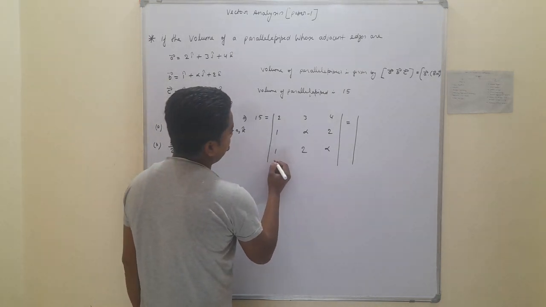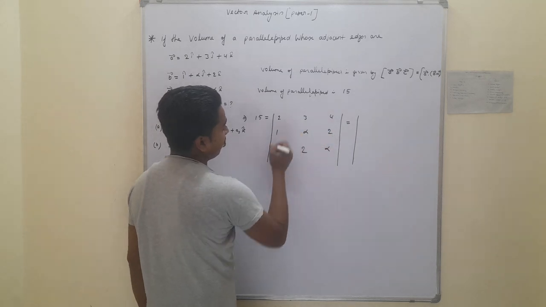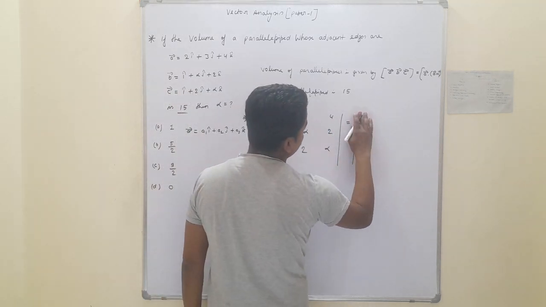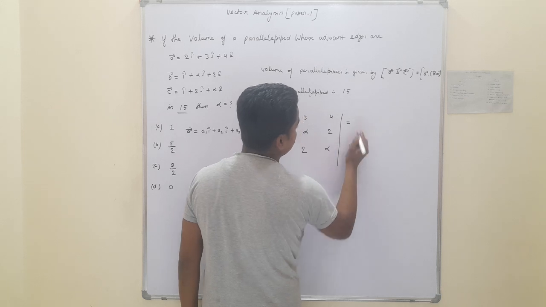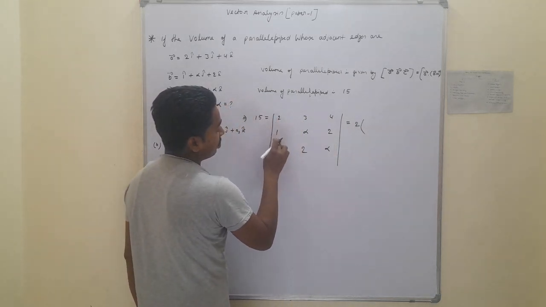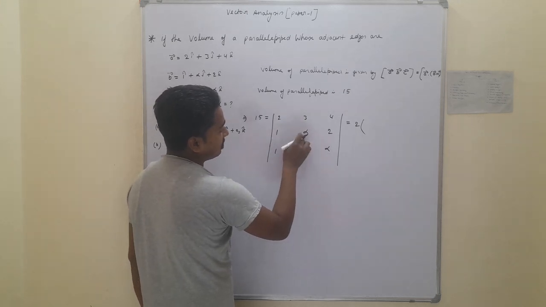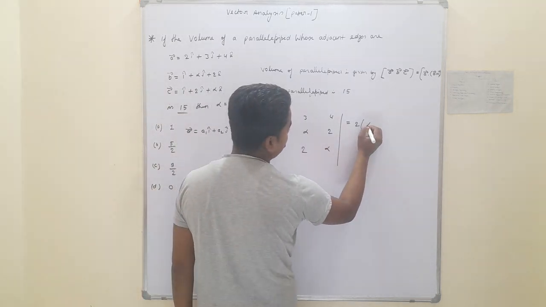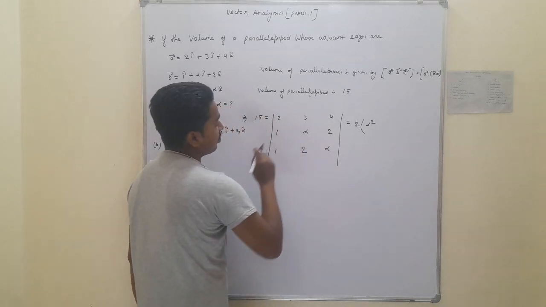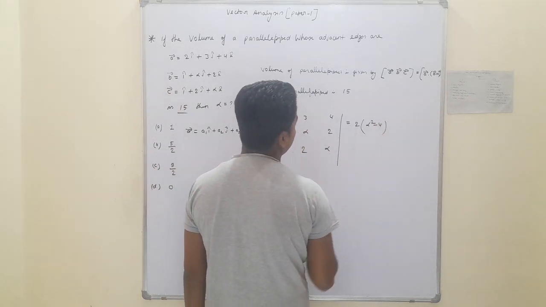Taking the first column element 2, we remove its row and column, and the operation between the remaining gives alpha square minus 4.